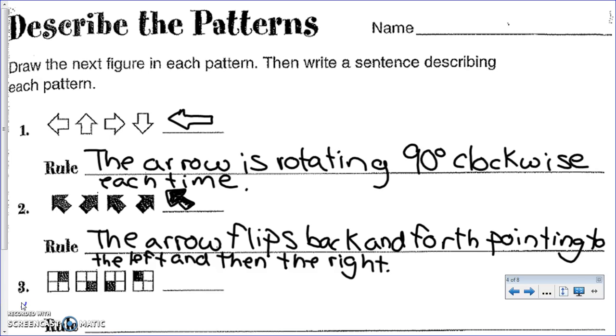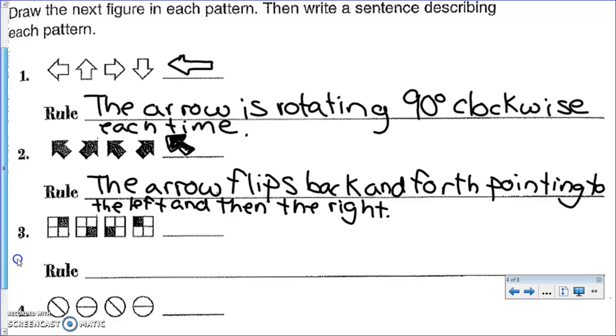So the arrow flips back and forth pointing to the left and then to the right, and it keeps going back and forth like that.